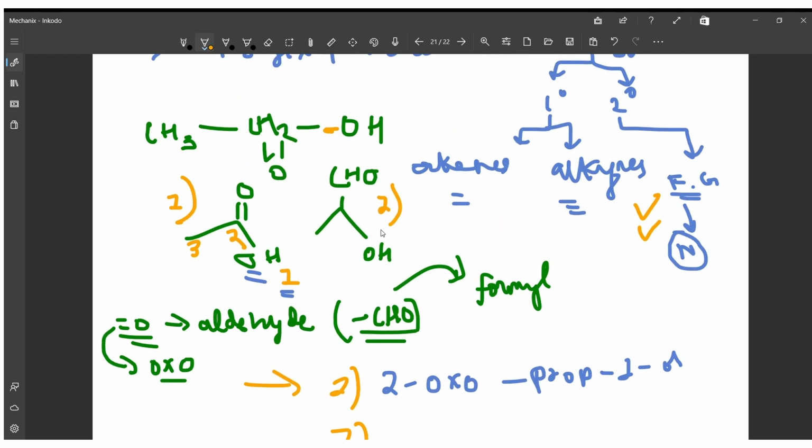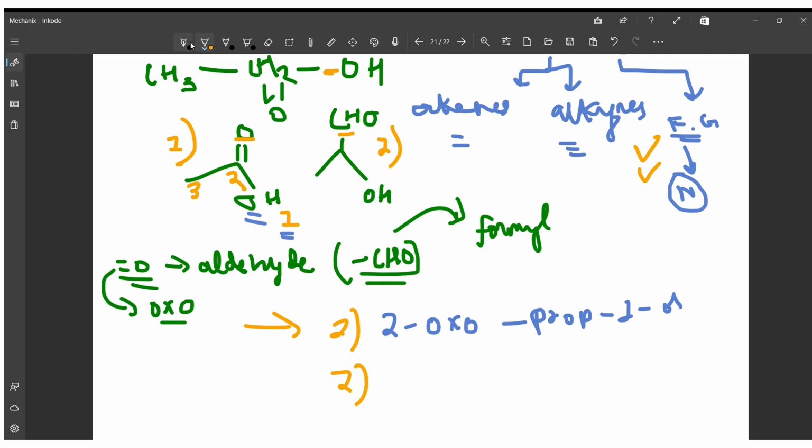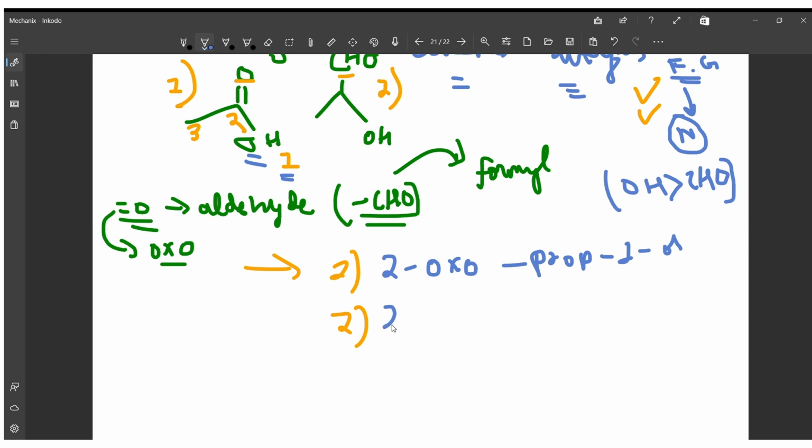Similarly, for the second one, as I've actually put CHO instead of a double bond O here, so what we're going to get will be nevertheless the same because OH has more priority than CHO whenever both are substituted in a compound. So it will nevertheless be the same.